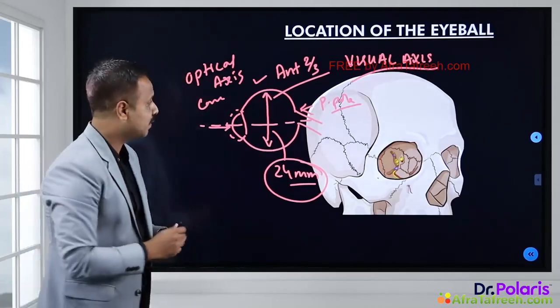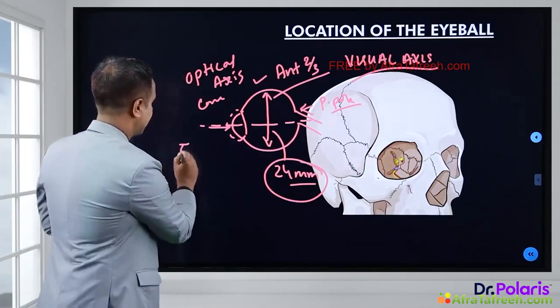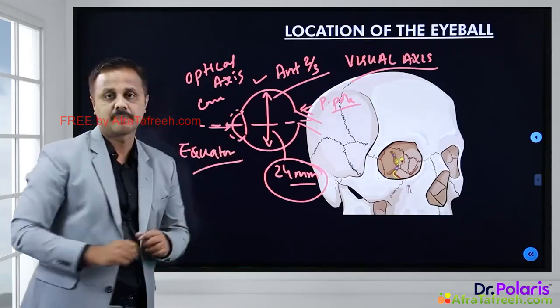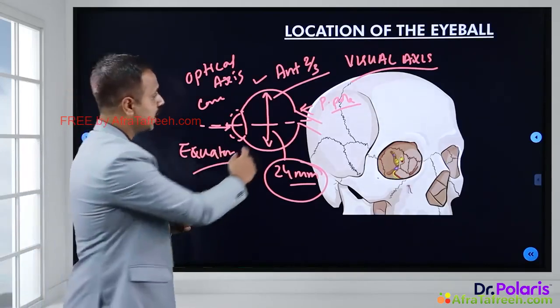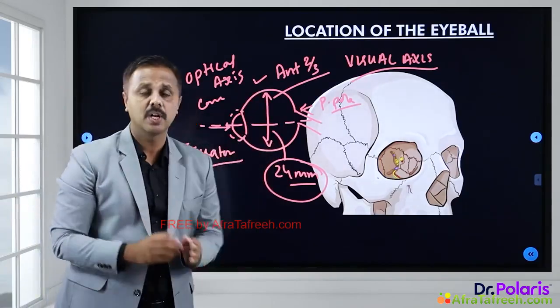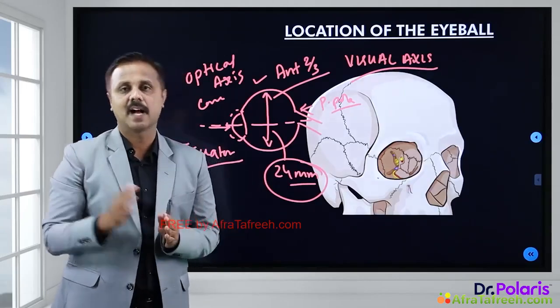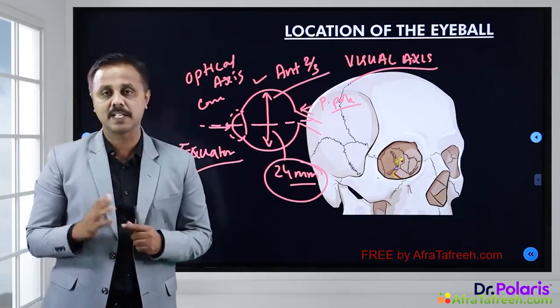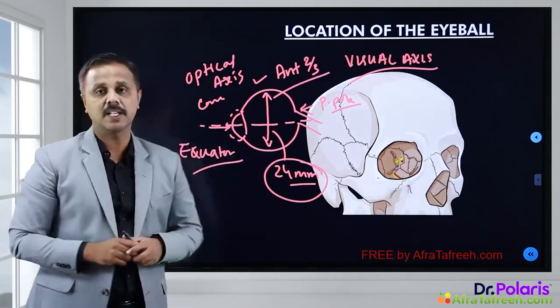Then we need to understand one more term, that is the equator. What do we mean by the term equator? The equator refers to any plane that will divide the entire eyeball into an equal anterior half and a posterior half. Right? That is what we refer to as the equator. Why do we need to know about the equator?